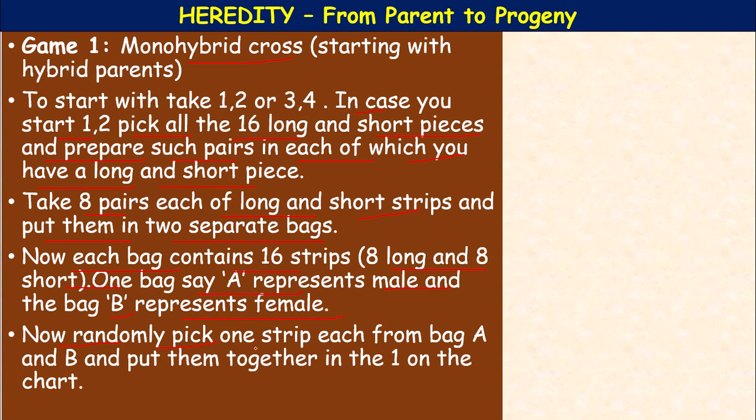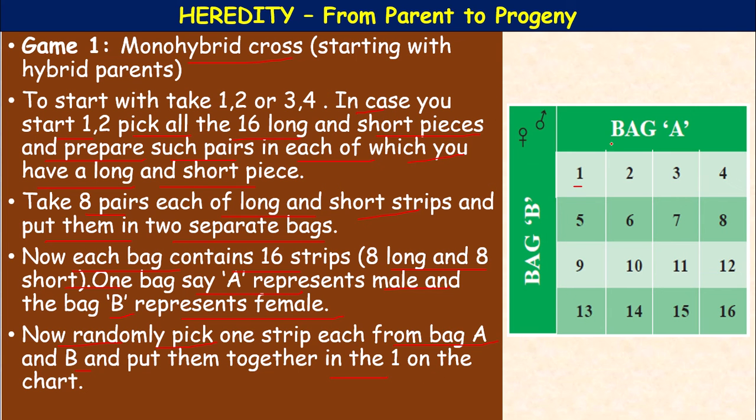Now, randomly pick one strip each from bag A and bag B and put them together on the chart. Here the number 1 is there, no? You have to pick one strip from bag A and one strip from bag B and put it on 1.